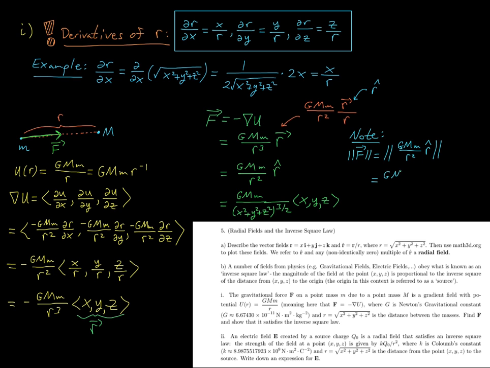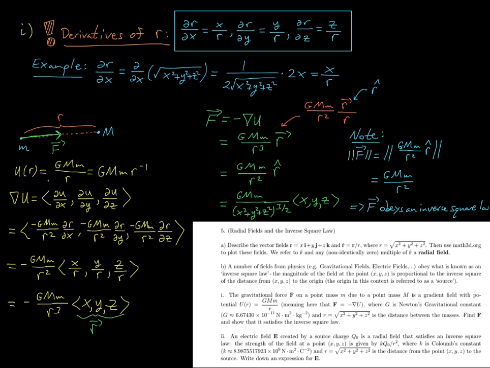So this is just going to be GMm over r squared. And now I can see the magnitude of my vector is proportional to the inverse square of that distance from the origin, right? And that constant of proportionality is just this GM times little m. So this implies that F, gravitational force, obeys an inverse square law.